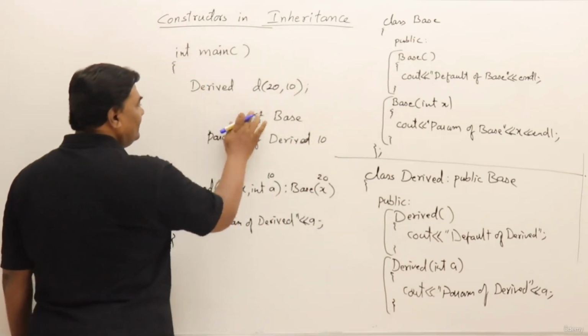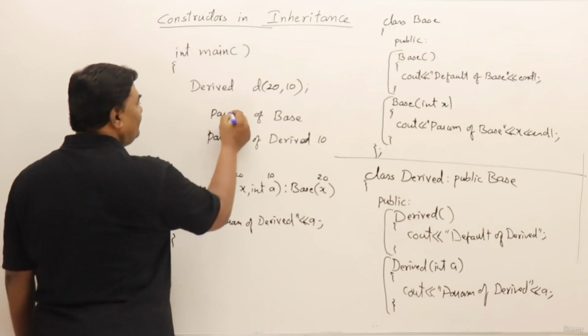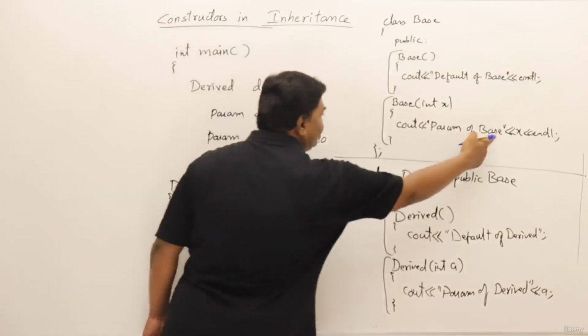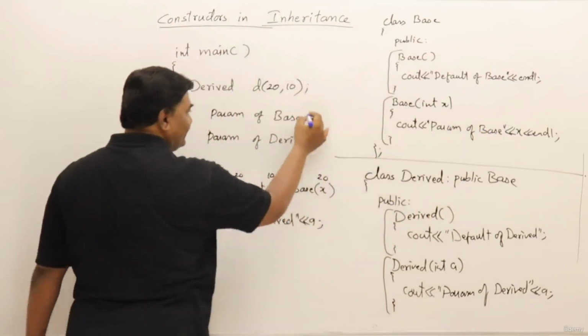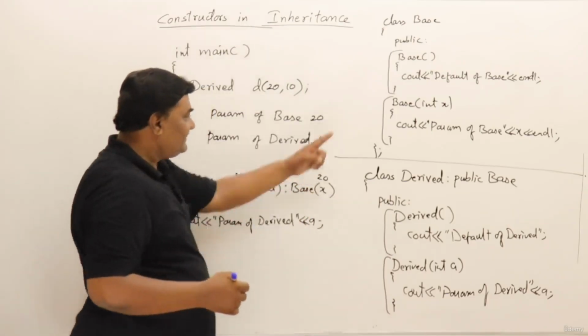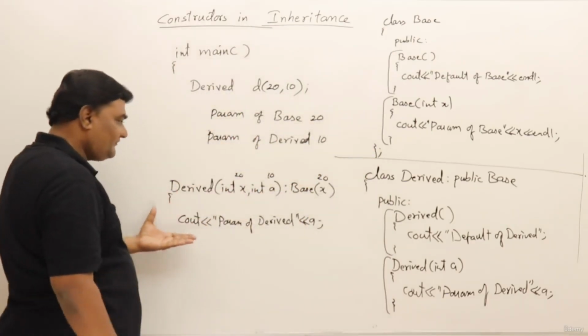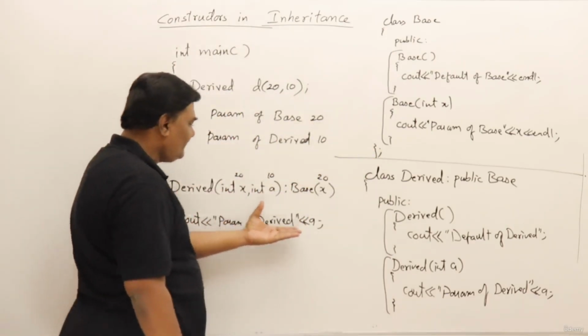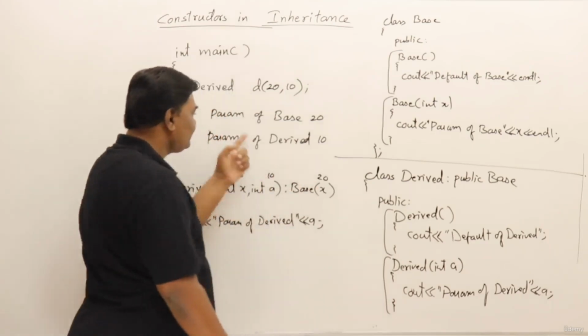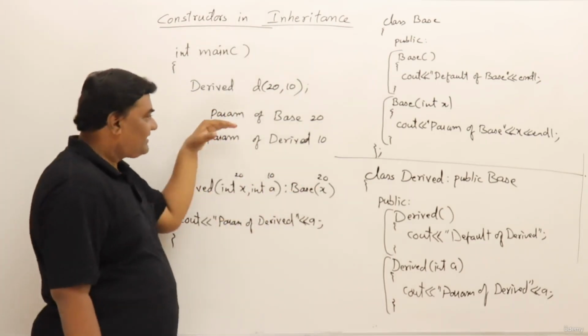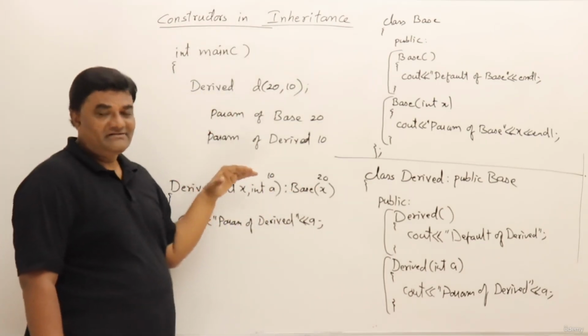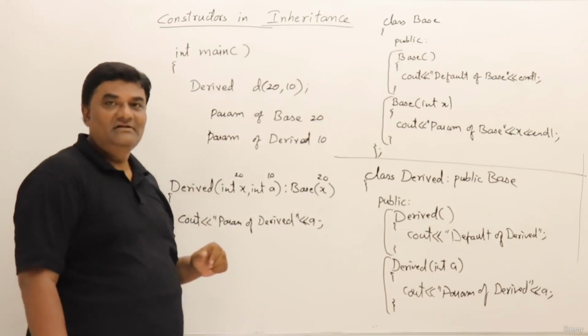It will show param of base and the value whatever you are passing, 20. Then after it is executed, it will come back to the constructor of derived class and it will show param of derived, that is a. A was 10. So the same thing. Parameterized constructor of base class and the parameterized constructor of derived class.